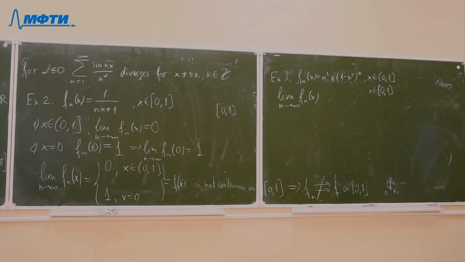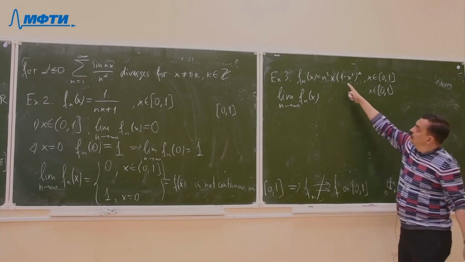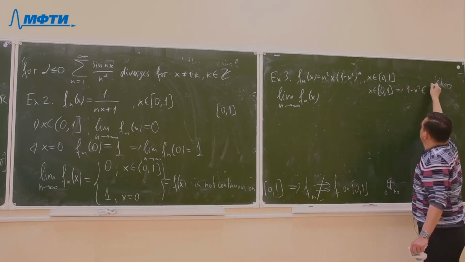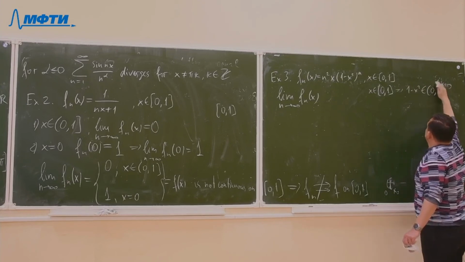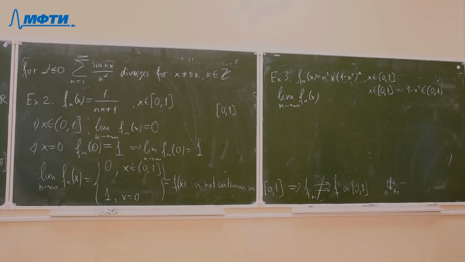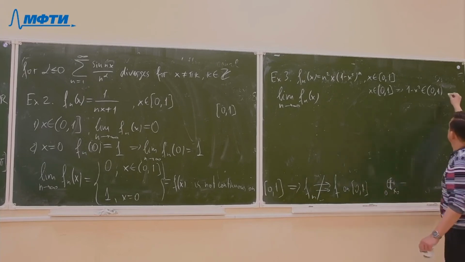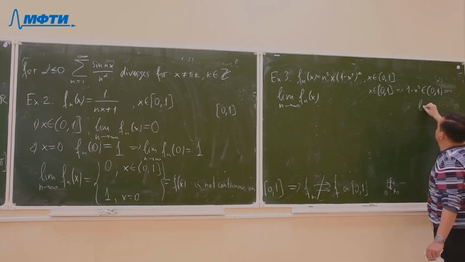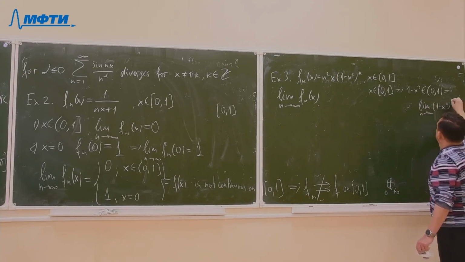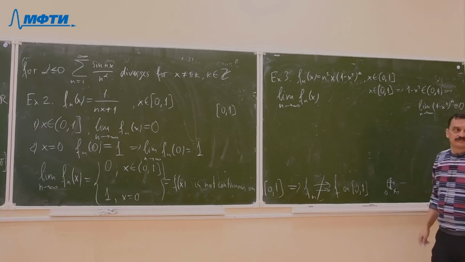Then what do we have? 1 minus x squared is strictly less than 1, right? Hence, the limit is 0.